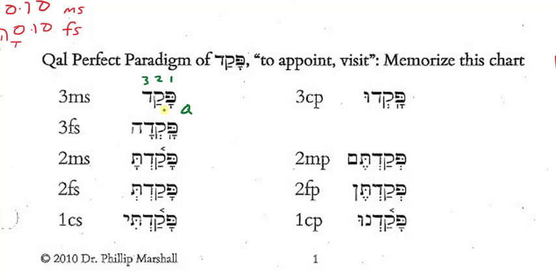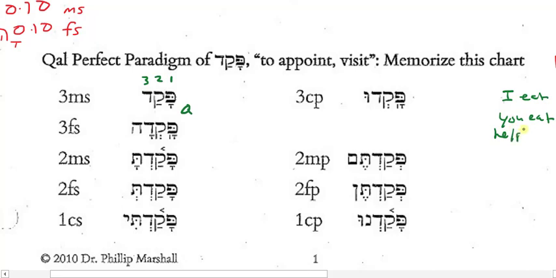Okay? And by the way, why does Hebrew, unlike us in English, when we conjugate verbs, we start with things like I eat, you eat, right? He, she, it eats. We start with first person and work our way down to third. Why does Hebrew start with the third person and work its way down to the first? Well, it's because the third person is the simplest form, right?